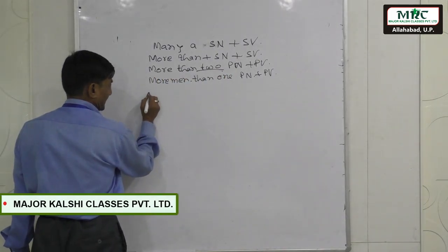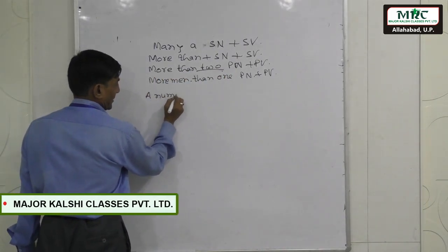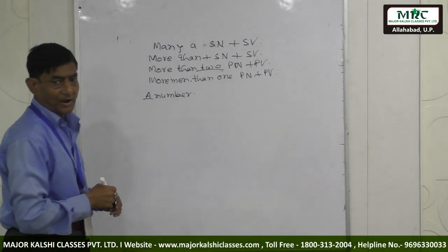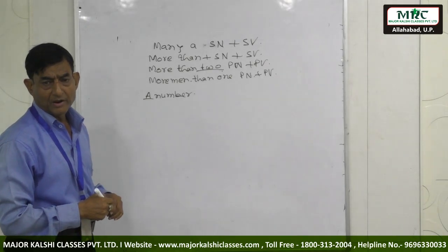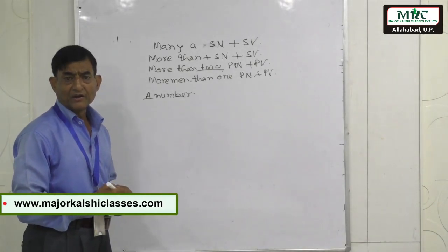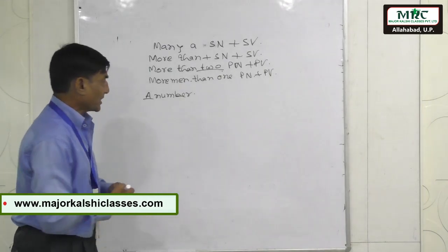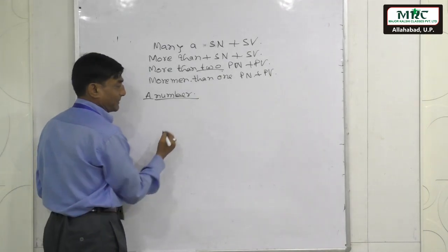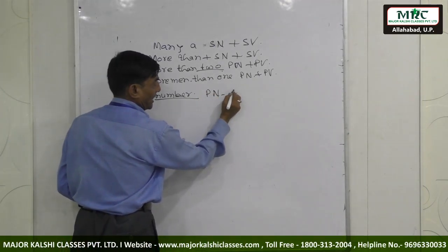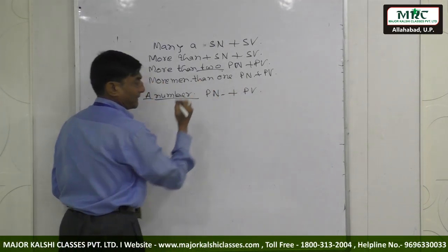Besides number, wherever this A comes along with collective noun, it is considered singular noun and we take singular verb with it. But whenever it comes with a number, it takes plural noun and plural verb.